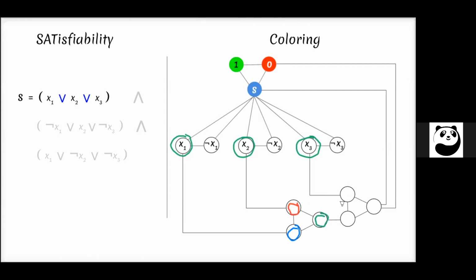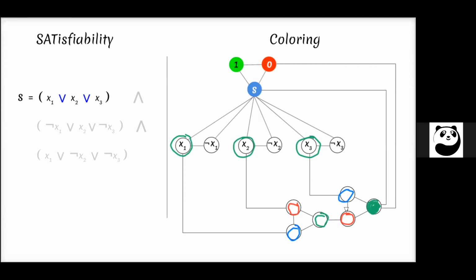This one and that one, we need to color them now, so we have the option between red and blue. Let's say this one is blue, and now we have to force this one to be red, which means this is forcibly green.